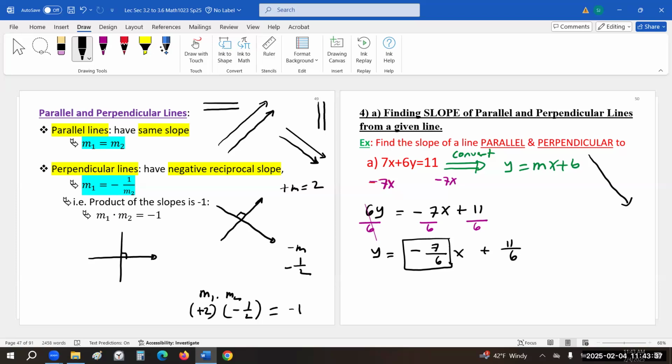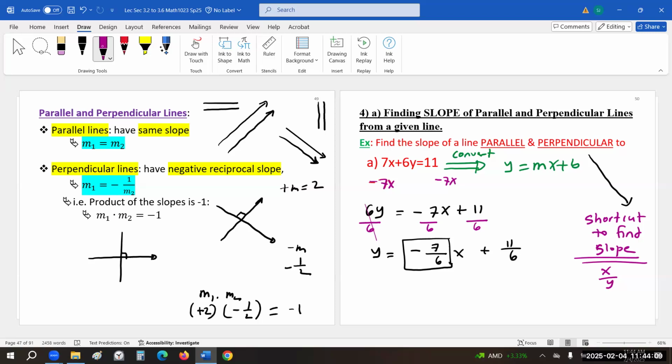The shortcut to find slope: all you have to do is divide the x coefficient by the y coefficient. So x over y, and then change the sign. Whatever sign you get, change the sign.